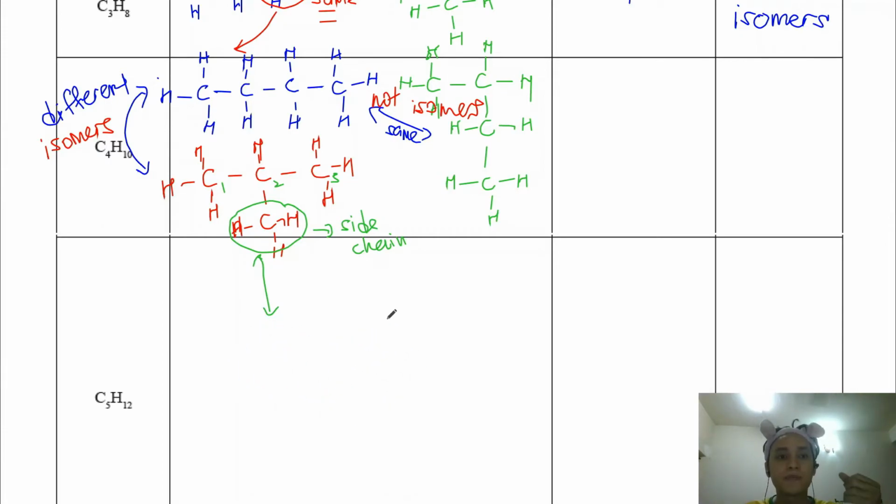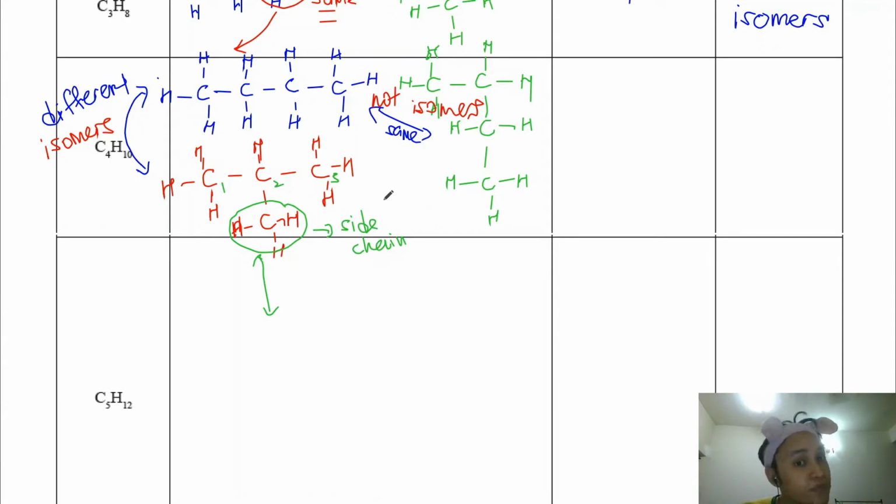The idea here, easier for me, is to look at the main chain. I try and see whether the main chain is still the same. When the main chain is different, meaning it's a different structural formula, these two are isomers. So C4H10, can I have another way of drawing C4H10?